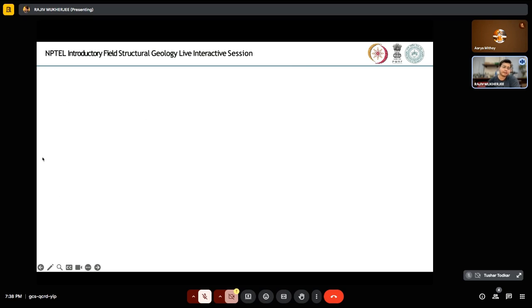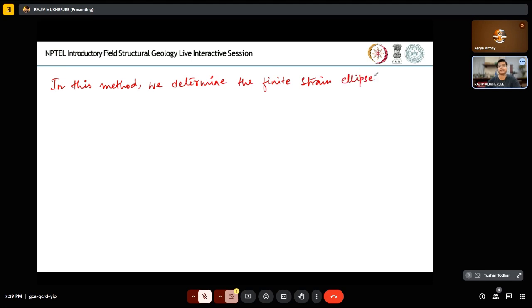So for example, in this method, we determine the finite strain ellipse of the deformed rock, and once you have the ellipse, you can measure, so the ellipse has a long axis and a short axis.